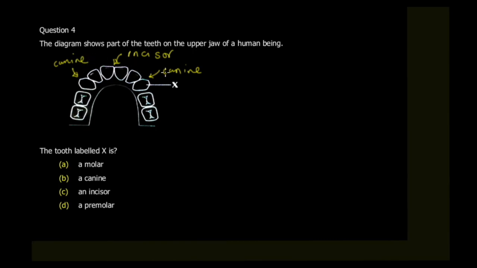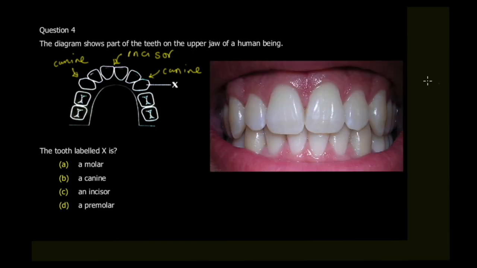Just a hint. If you want to know which ones are canines, they look like animal teeth. For example, dogs are in the canine family. Let me show you. These teeth look like animal teeth. If you're imagining vampires, you'd imagine them with these teeth.